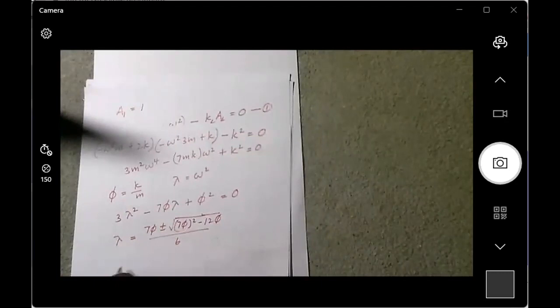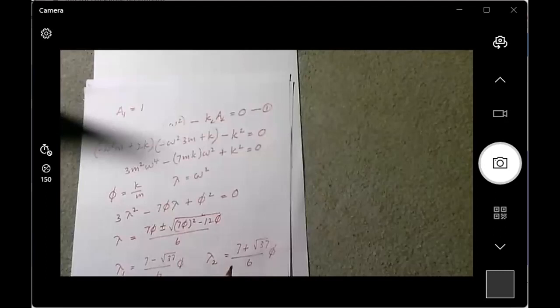Which will give you lambda 1 as 7 minus square root 37 over 6 phi, and the other one, lambda 2, 7 plus square root 37 over 6 phi. And you will see that both these are real positive values, right?